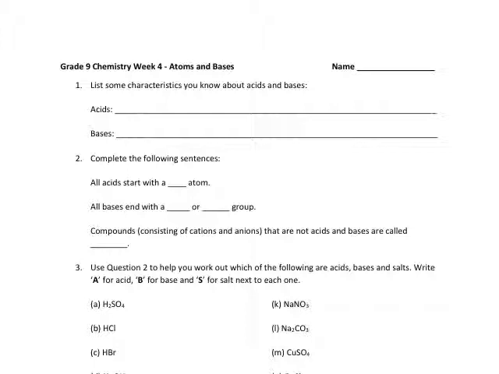Acids are compounds that tend to be reactive. They have a loose hydrogen ion, so they typically start with hydrogen, where the hydrogen splits off. A hydrogen ion is just hydrogen that has lost its electron.